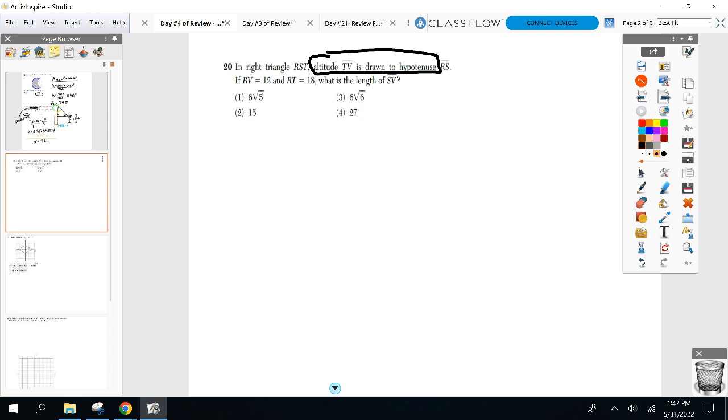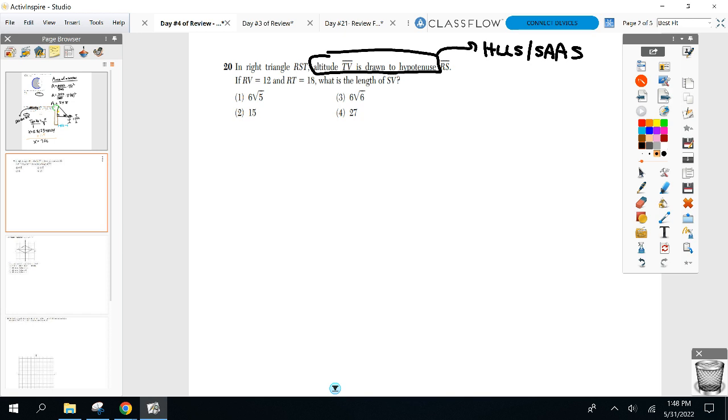Before I draw the diagram, anybody know what's going to pop up here? Ooh, nice job. Hills and sass, yes. Anytime I'm drawing an altitude in a right triangle to the hypotenuse, it's always going to be hills and sass.